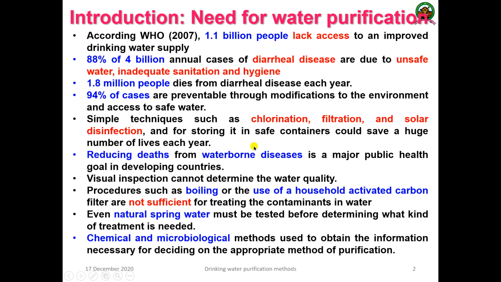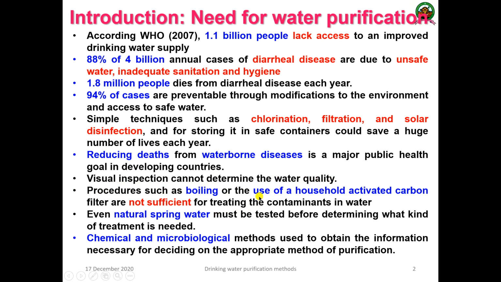If you simply look at the water, we will not understand whether it is contaminated or not, because water can have so many particulate materials that we cannot see directly, and many microorganisms also pollute the water. We have already discussed fecal pollution, and visual inspection cannot determine the quality of water.